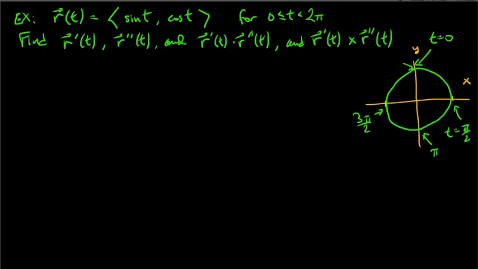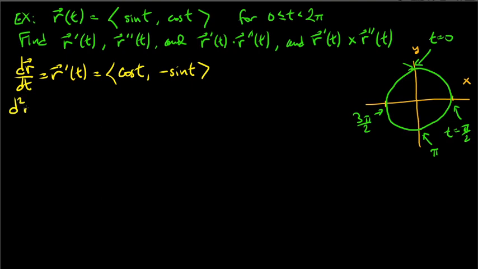Okay, but what do we want to do? We want to take the derivative. And so the derivative of r, or r prime, if you like. I think you can handle that. Cosine of t, negative sine of t.